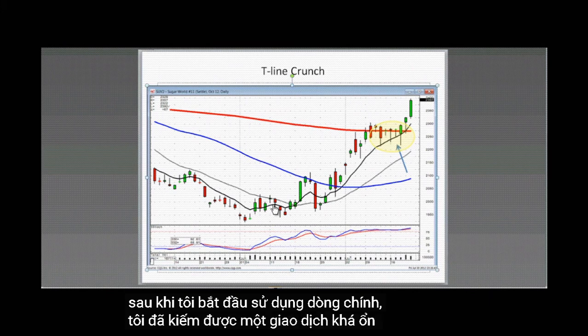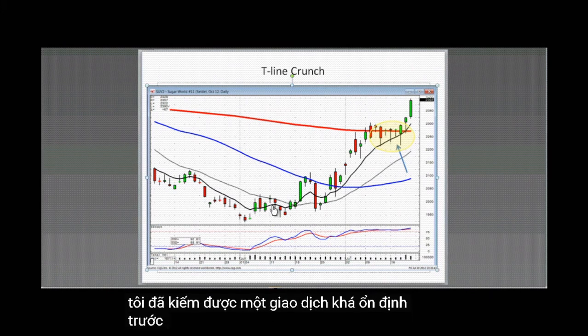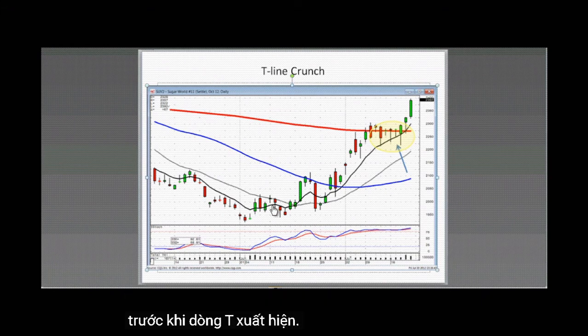I was making a decent living trading before the T-line came along. Now I'm making a very decent living trading after the T-line came along.